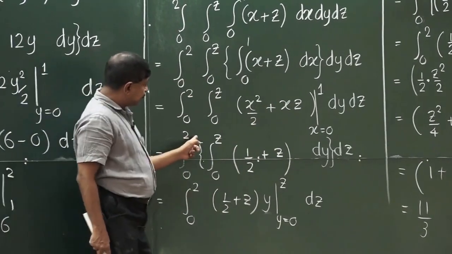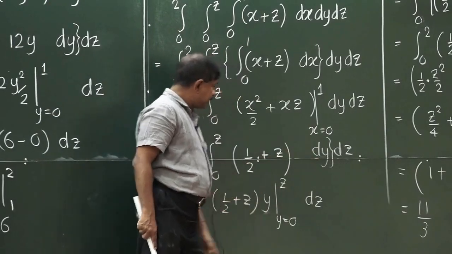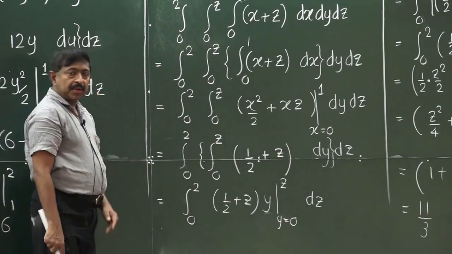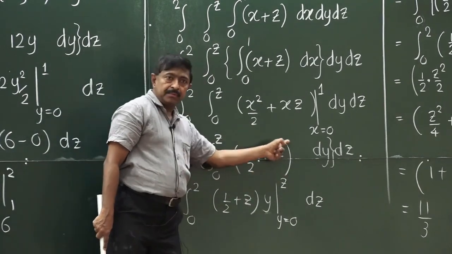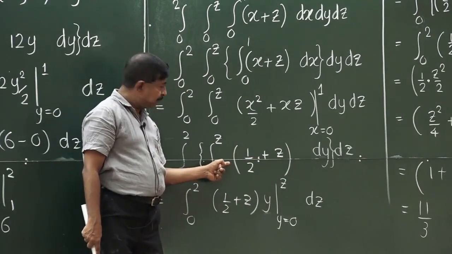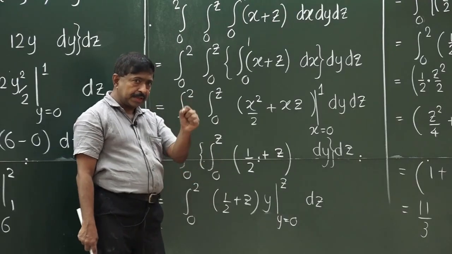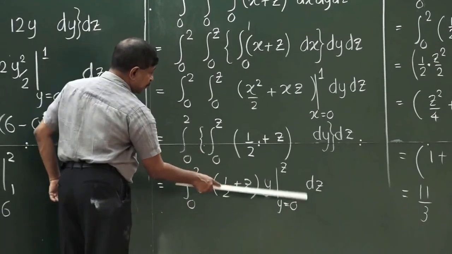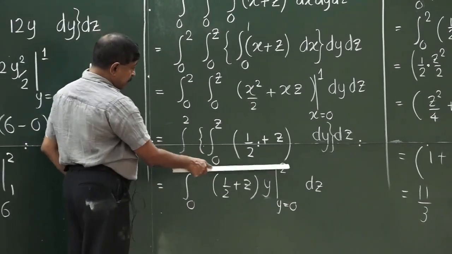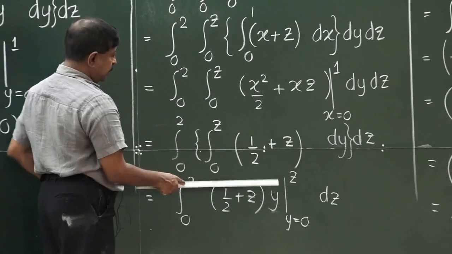Now, you are in the next level. So, put a pair of braces. Now, y is the variable. Now, note that this should be treated as a constant, because y is the variable. Therefore, it is a constant. So, when you integrate it, constant times y. Limits are from 0 to z. Now, you plug in them. When you plug in z, you get that.